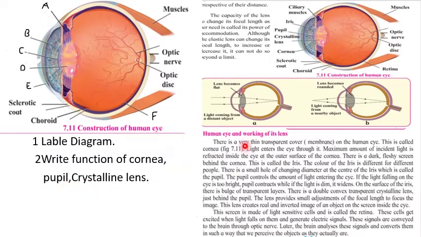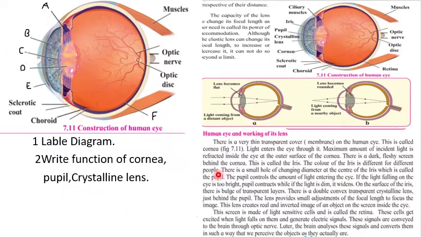Now, pupil. There is a small hole of changing diameter at the center of the iris called the pupil. The pupil controls the amount of light entering the eye. If the light falling on the eye is too bright, the pupil contracts. If the light is too dim, then it is widened.